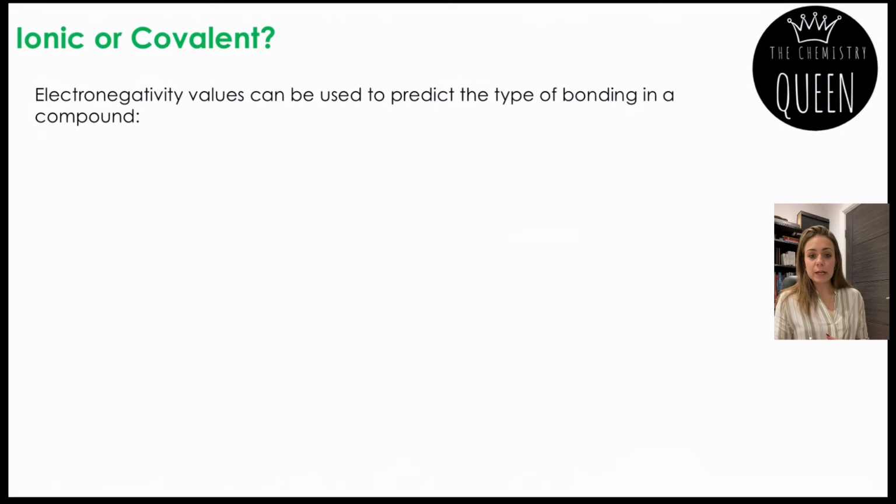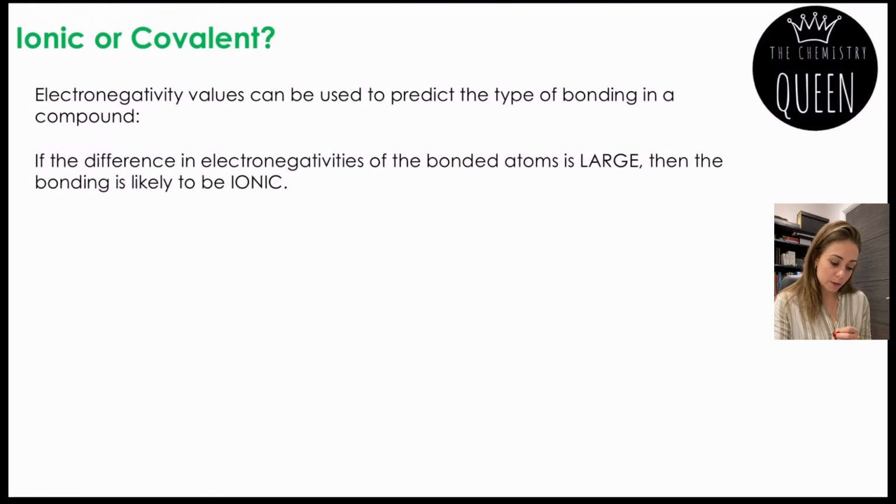Now we can use electronegativity to predict whether something is going to be ionic or covalently bonded, and we can use these principles here. Electronegativity values can be used to predict the type of bonding in a compound. If the difference in electronegativities is large, then the bonding is likely to be ionic.